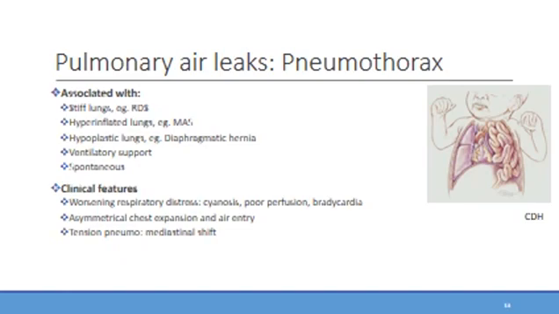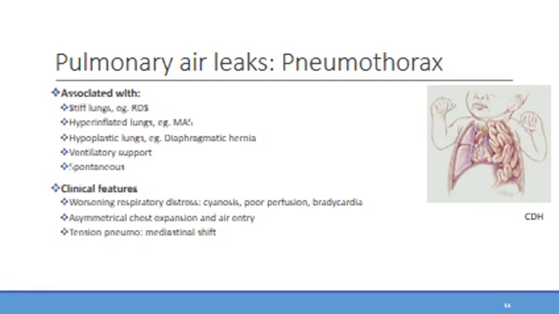There are a few associated conditions. So in respiratory distress syndrome, for instance, you have very stiff lungs with poor compliance, and it's easy then to injure them. In hyperinflated lungs, such as meconium aspiration syndrome, the alveoli are already stretched, and if you exert any more pressure, they can easily rupture. Hypoplastic lungs, such as seen with diaphragmatic hernia or in chronic oligohydramnios, again lead to very small lungs that can easily be damaged.